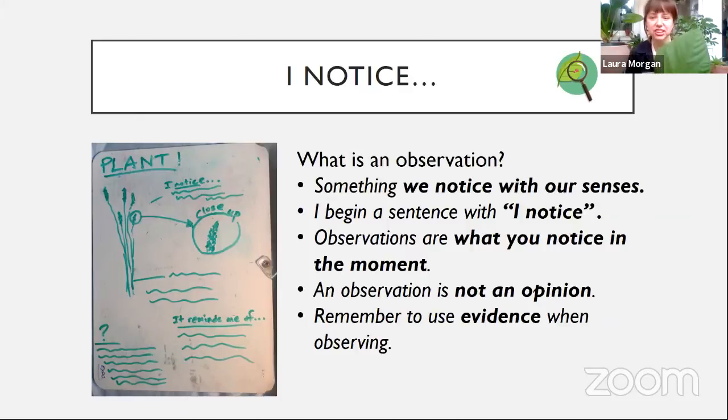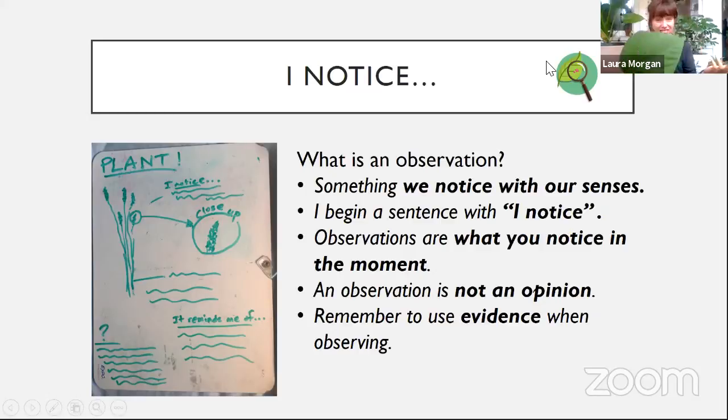And an observation is something that we notice in the moment, okay? It's something that we're seeing right in front of us, happening right there and then. And it's not an opinion. So for me to say, I notice that my leaf is awesome or my leaf is gross, that's an opinion. That's not an observation, right?